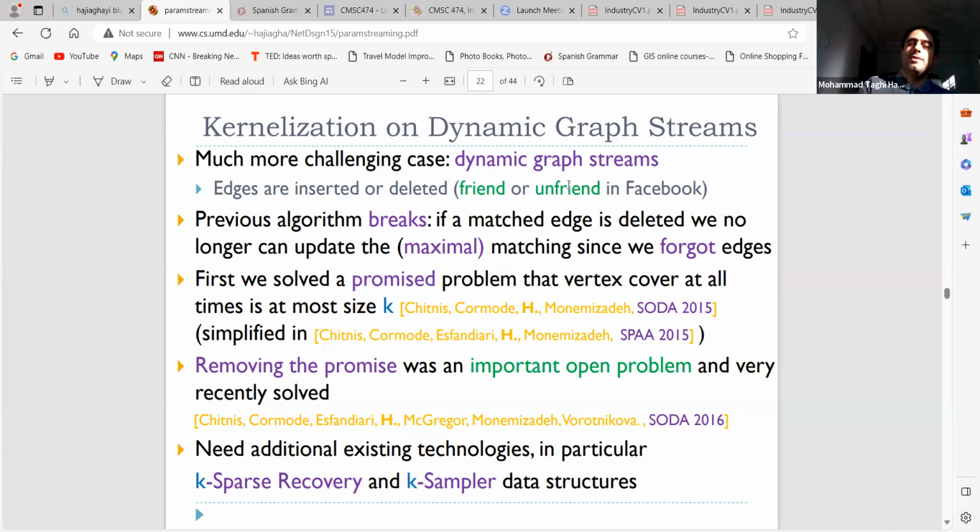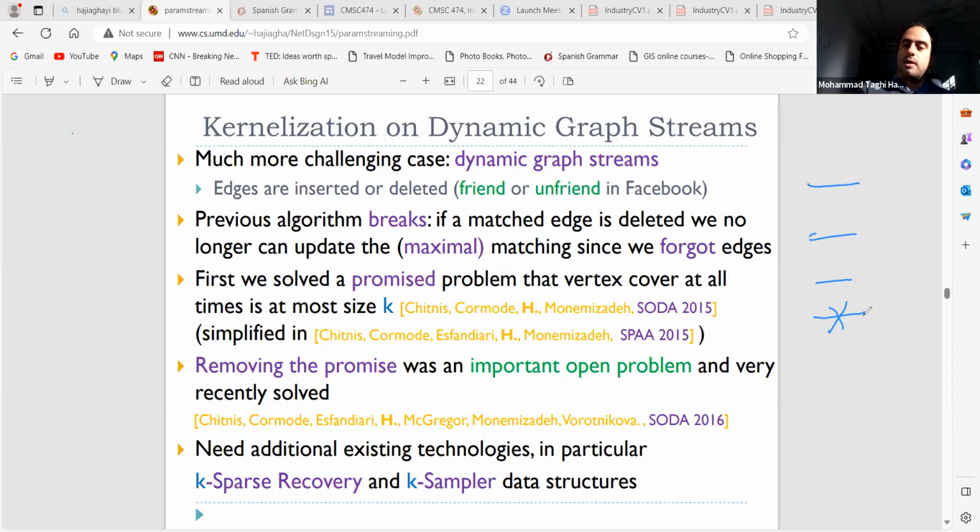The main issue is about these matching edges. The whole proof was based on the fact that we have a maximal matching, and we will keep a maximal matching. The problem is that this maximal matching may break down if you delete one of these edges, because then you need to find another maximal matching.